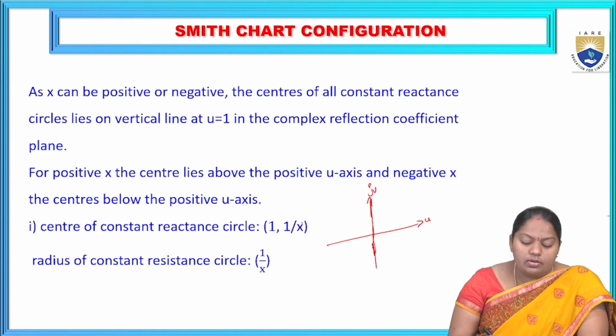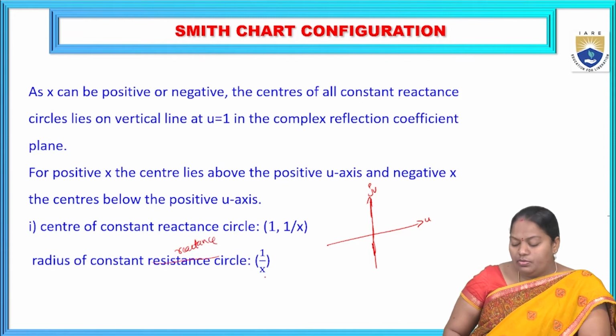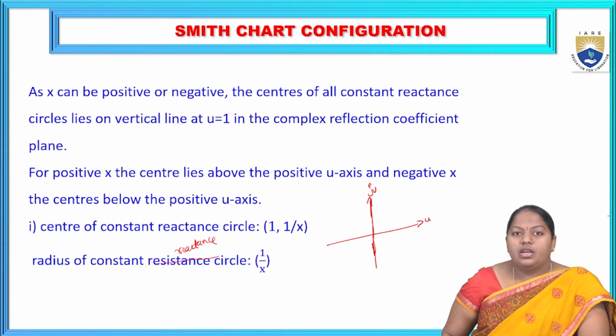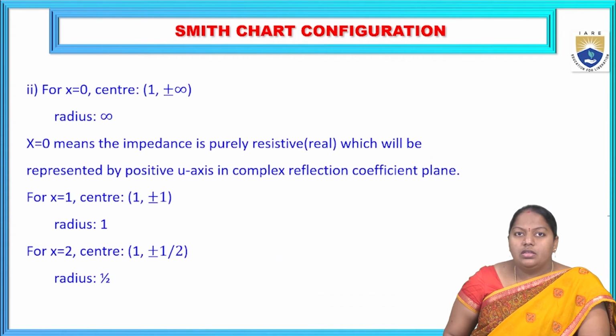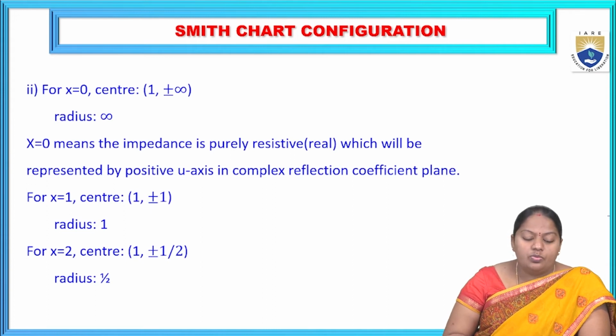So the center of the constant reactance circle is (1, 1 by x), and the radius of the constant reactance circle is equal to 1 by x. From these two, center and radius, we will be drawing the constant reactance circles.